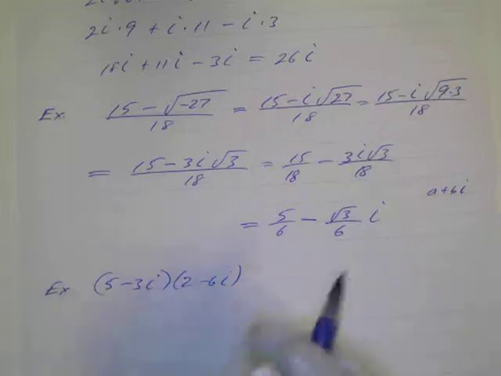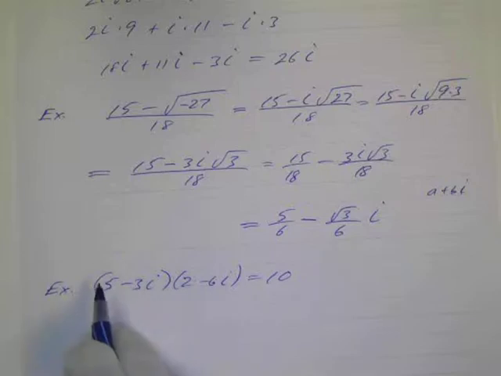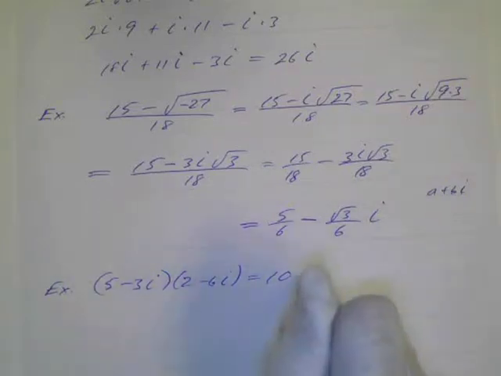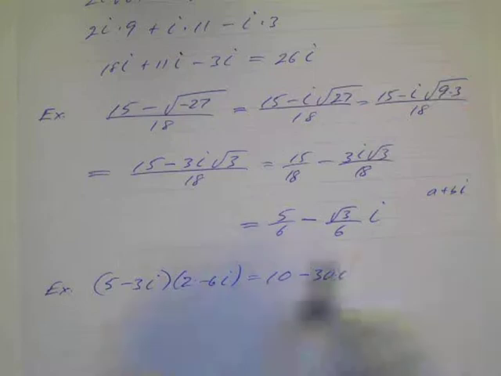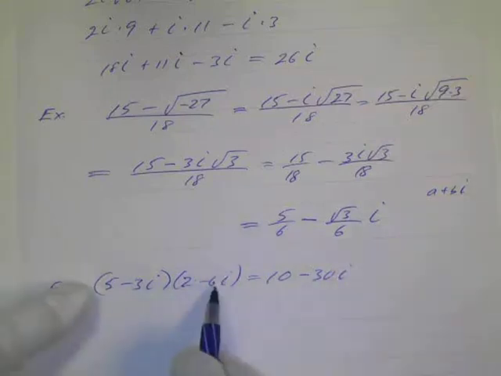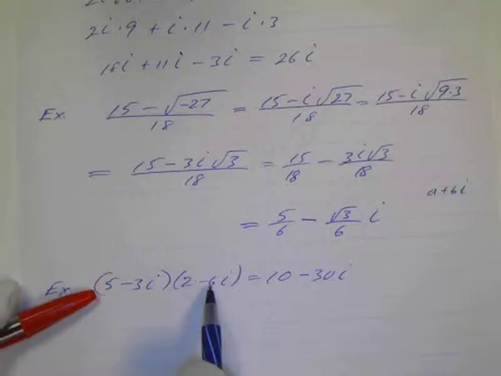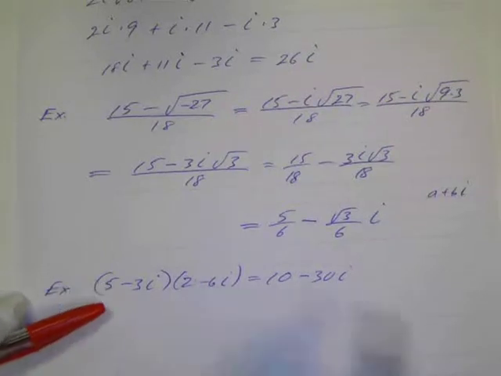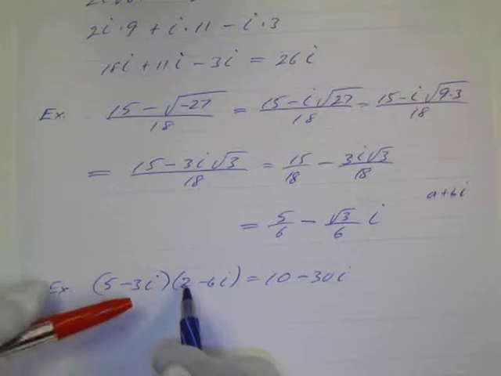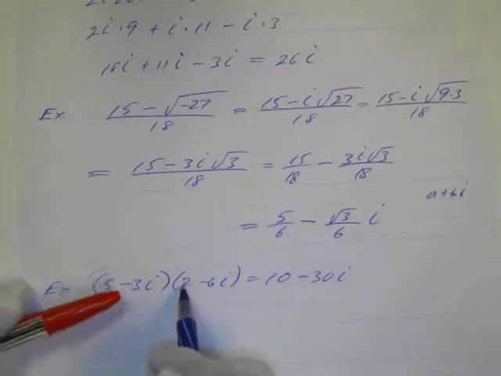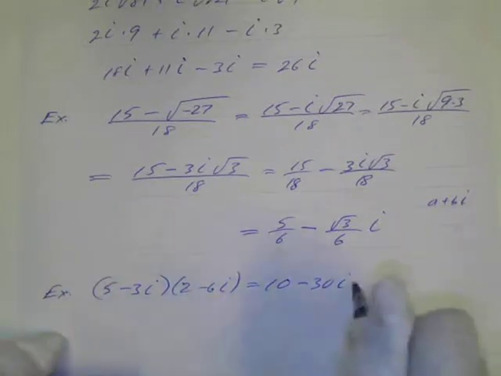And 5 times 2 is 10. That's the first term. And then 5 times negative 6 is negative 30i. That's the outside. Positive times negative is a negative. 5 times 6 is 30, and we've got an i, just like it was an x. Then over here, negative 3 times 2 is negative 6i.